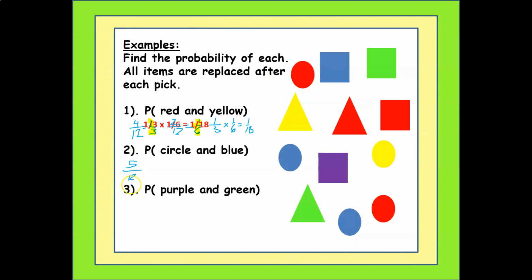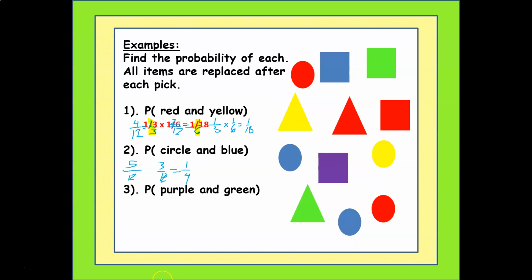So 5/12 can't be simplified, so we're just going to leave that one alone. And a blue, so we have 1, 2, 3. So we have 3 out of 12. So this one can be simplified, so we have 1/4.